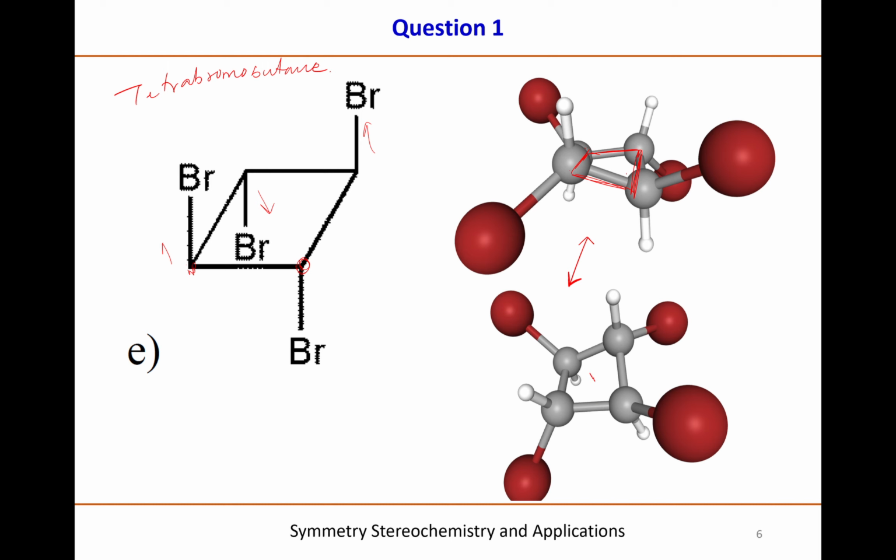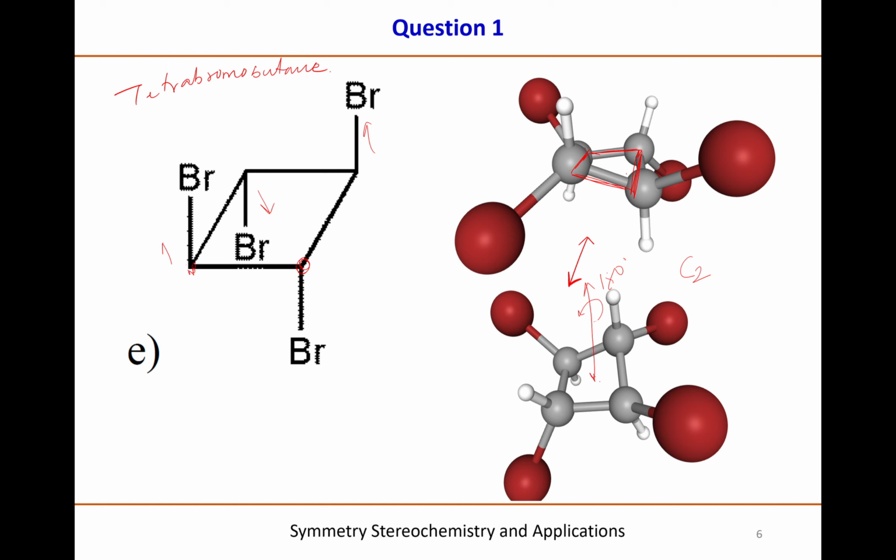If the axis is here, and we rotate by 180 degrees, this will come to this side and this will go this way, right? And the same in case of the downside also, right? 180 degrees. So here a C2 axis is present. Are you getting it? C2 axis will be there.